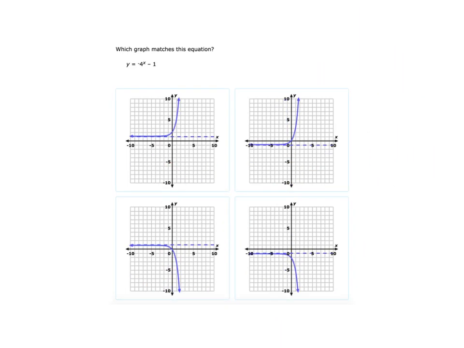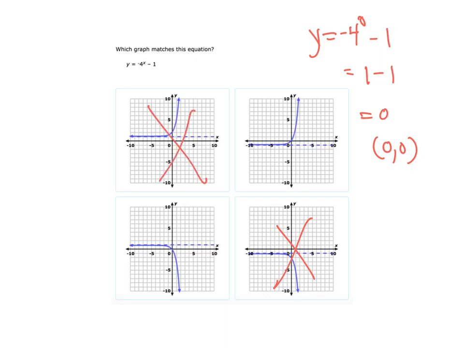And here's one more. Let's see, y equals -4 to the 0 minus 1. That's -4 to the 0 power, which is the same as -4 divided by -4, which is 1. Minus 1 is 0. So again, we're going through the origin, so no and no. And this function has a 4, which means that the A doesn't seem to be there, except you could think about this function as -1 times 4 to the x, minus 1.